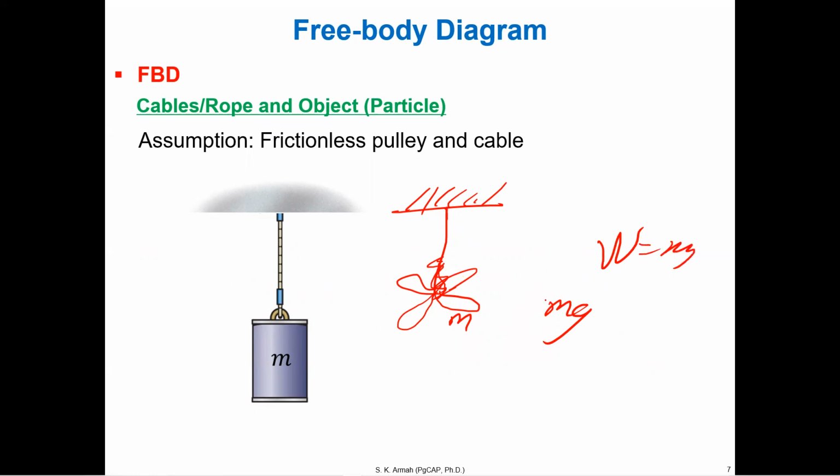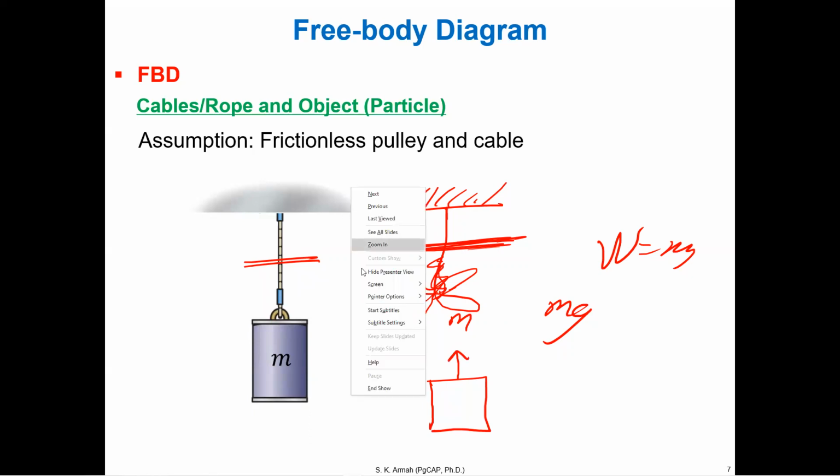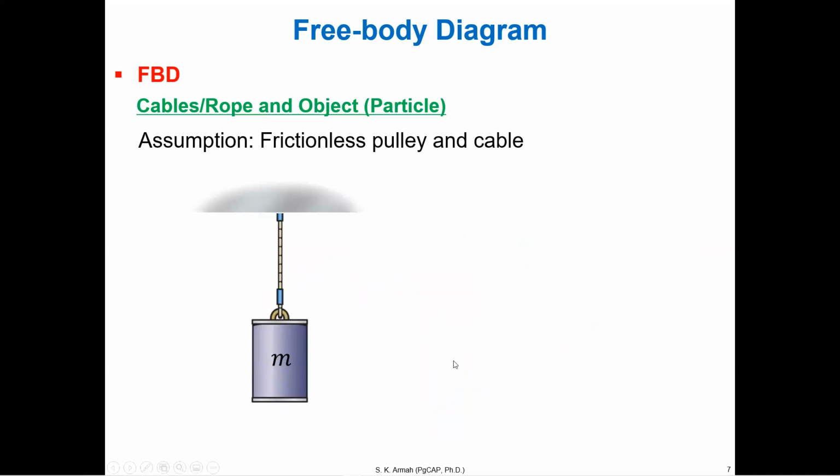You can cut the cable like that. Let's take this mass, and we can draw the free body diagram of the mass. Anytime you cut, you show an arrow here, and Newton tells us they are balanced.